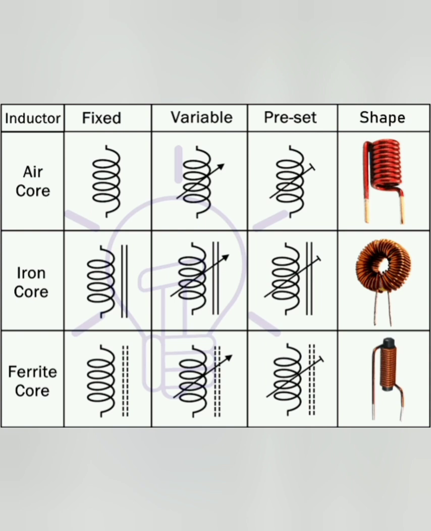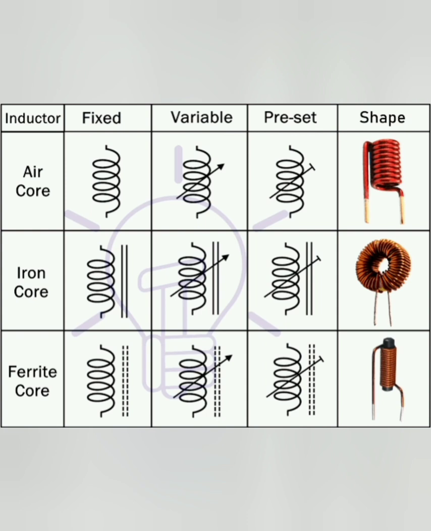The air core does not have any main core, it only has the winding or coil as its main part. So if there is no main core, it will act as a reluctance for your magnetic field, and it will give only a low inductance path. Reluctance in the sense of opposing the magnetic field.